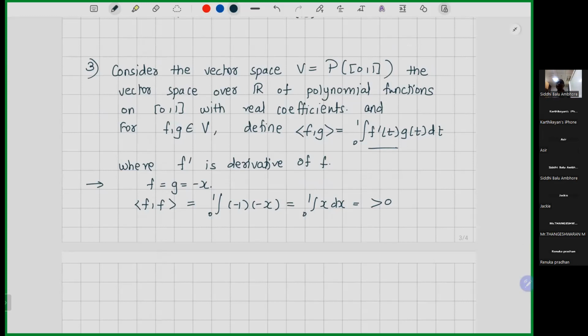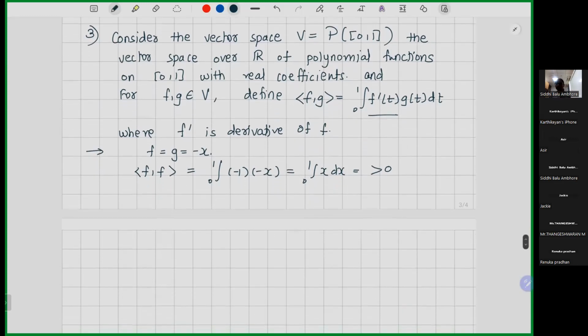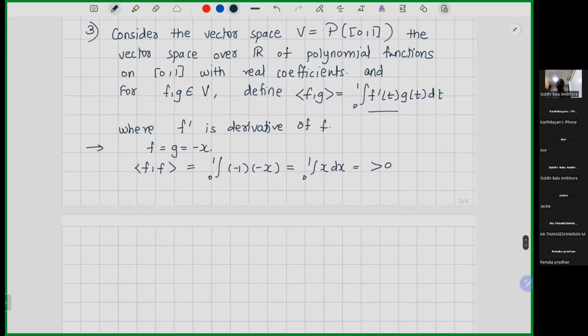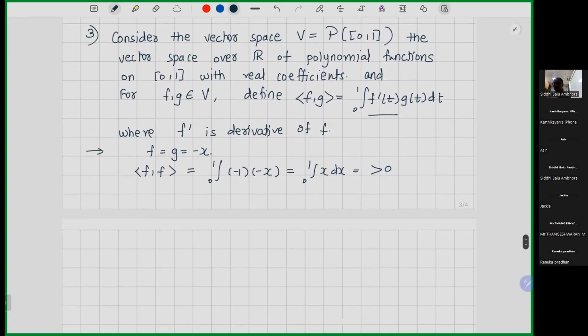When we integrate, they might yield different values. So we have to choose f and g smartly. When we try to find a counterexample, we need to see which property would be easy to find a counterexample for.